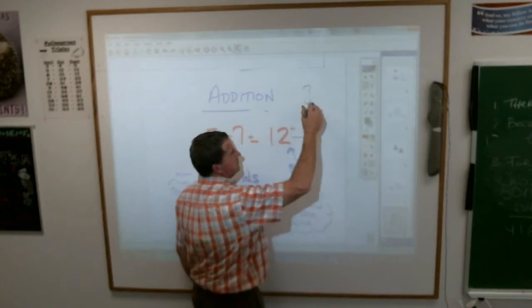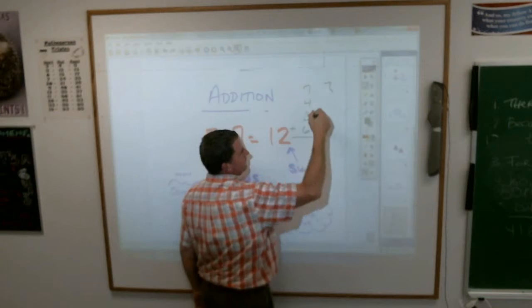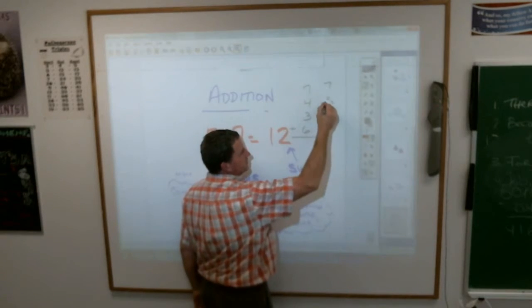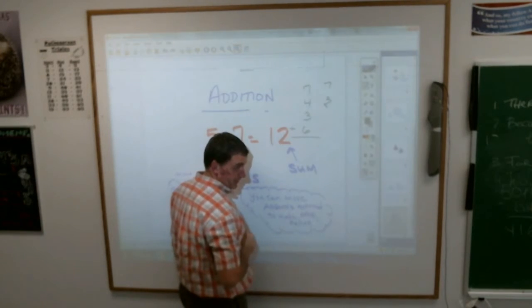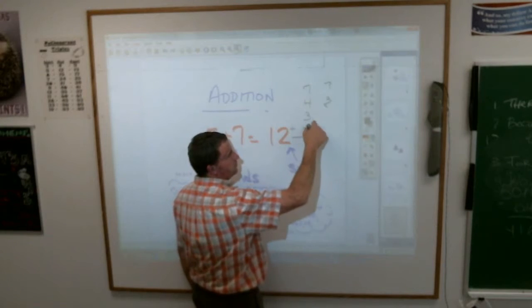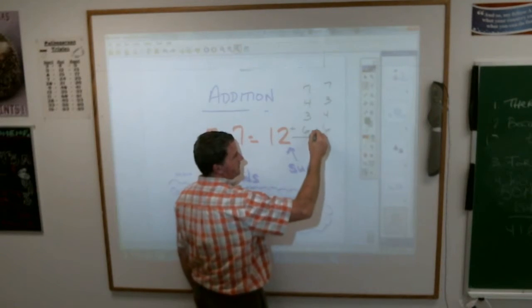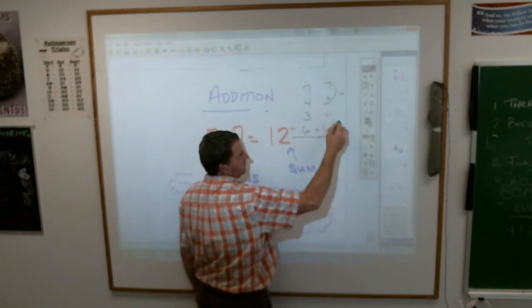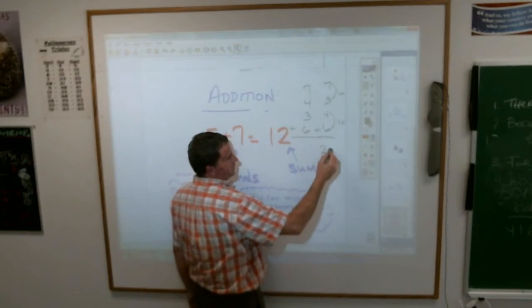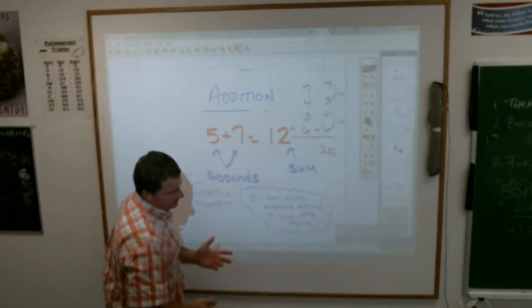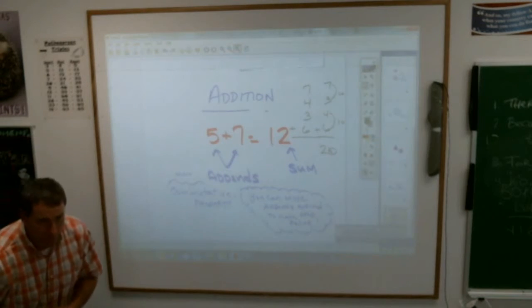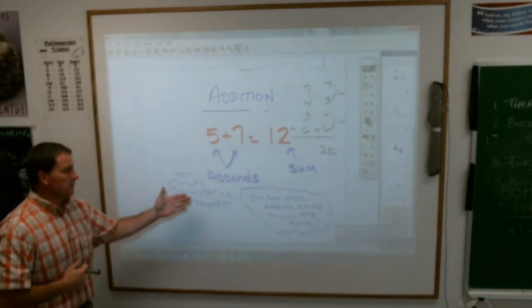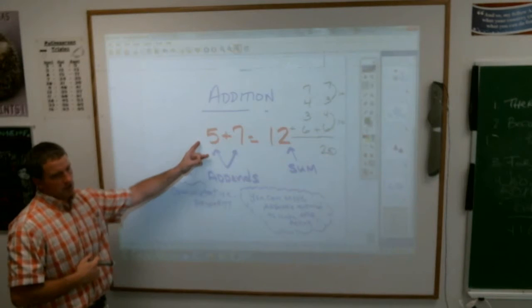You are allowed to take this 3, instead of it being down here, it can move up one so that you get to add it with the 7 right away. And the same thing with this 4. You can move it down so you can put it with the 6 right away. And then you've got your group of 10 there, and you've got your group of 10 there, and you put the 2 tens together, and you get your 20. Okay, you are allowed to do that because of the commutative property of addition.